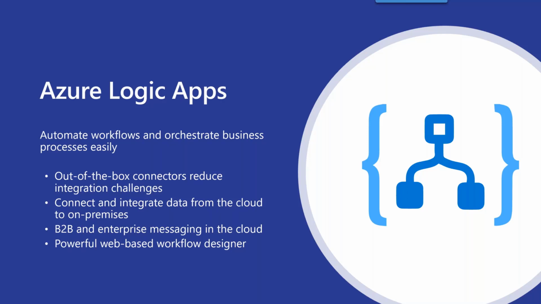With Logic Apps, the idea is that you can simply configure instead of having to program those connections. It connects and integrates data both from cloud and to on-premises, so it helps you connect those two different worlds in a way, and allows you to do B2B and enterprise messaging now in the cloud.